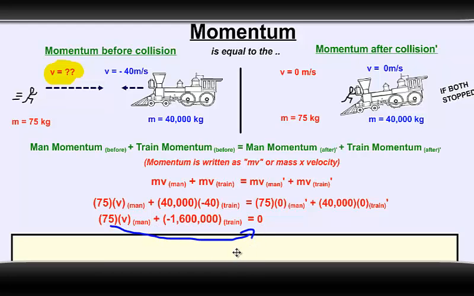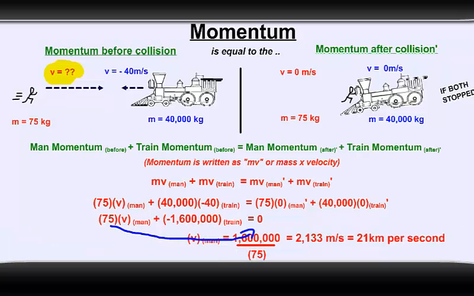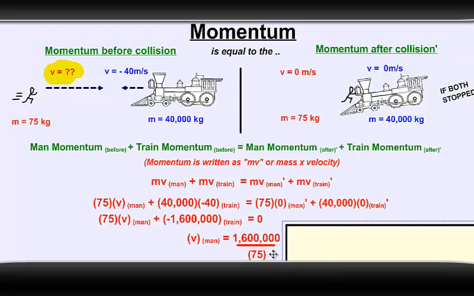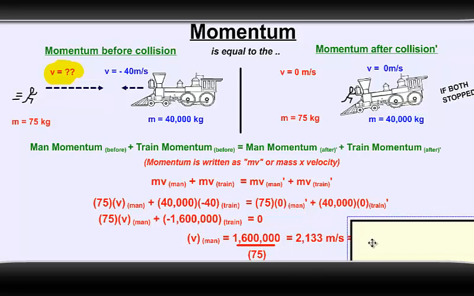Okay, and what you're going to be left with is something like this. I'll just look at this bit for the moment. So you're left with this big kind of fraction, and you just simplify that. You divide 75 into the big 1.6 million, and you're left with 2,133 meters per second.